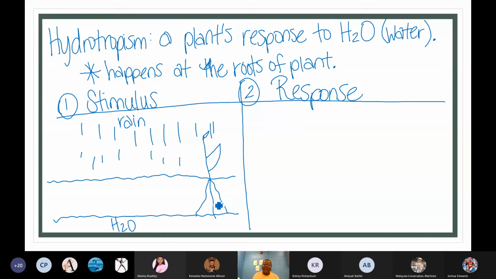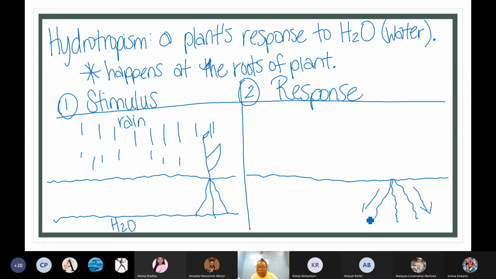What's important for us to understand is that the plant will respond, specifically the roots, will respond by growing deep. The roots will grow deep into that water to absorb it, okay?